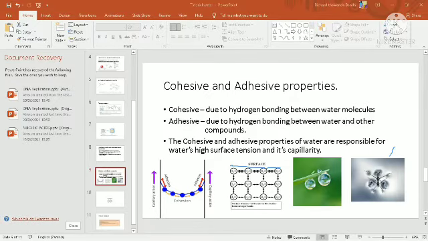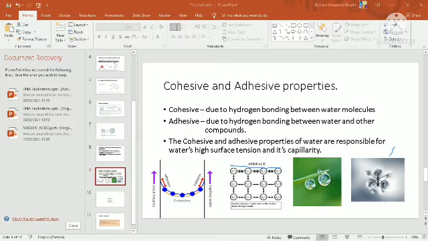If you look at this image here, you have a plant leaf, and then there's a water droplet. In the morning when it's cold and so on, you see water droplets forming on the leaves. So you have the water molecules in this droplet.